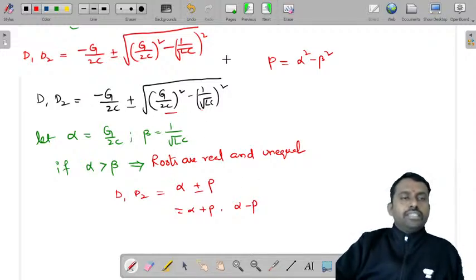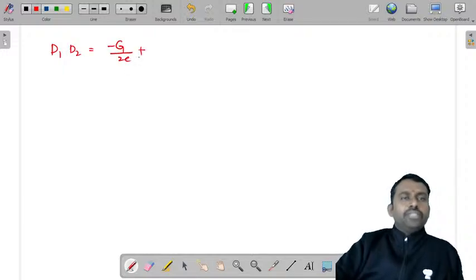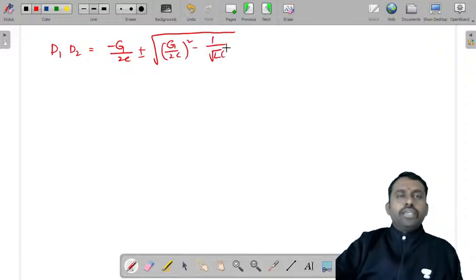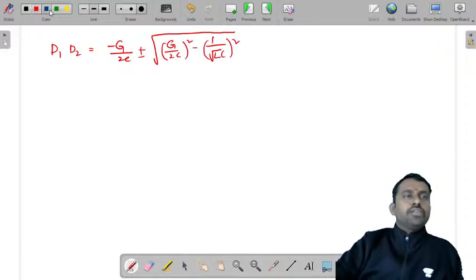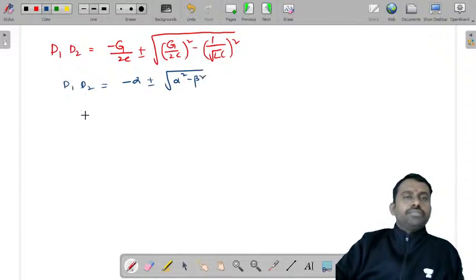Now let us consider the second case, if alpha is equal to beta. So we got D1 comma D2 is equal to minus G by 2C plus or minus under root of G by 2C whole square minus 1 by root LC whole square. So we have considered D1 comma D2 is equal to minus alpha plus or minus under root of alpha square minus beta square.